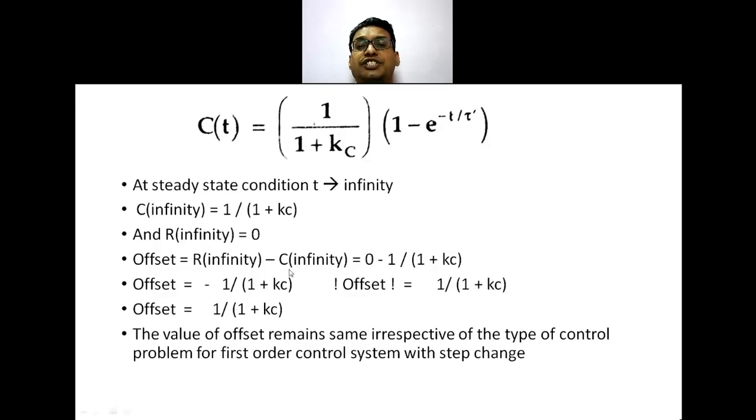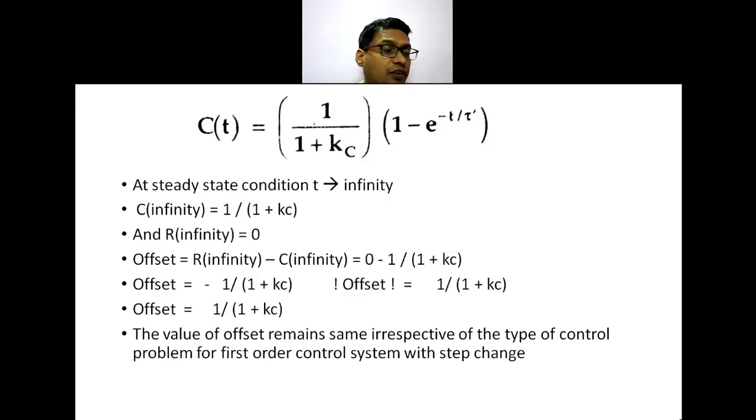Now, at steady state condition, that is t tending to infinity, this exponential term becomes 0, and C infinity becomes 1 upon 1 plus Kc. So R infinity, that is what will be there, because we are studying the response C with the variation of U, C upon U we are studying.